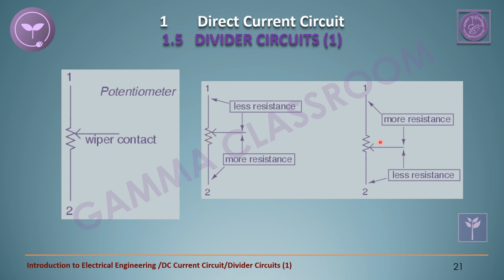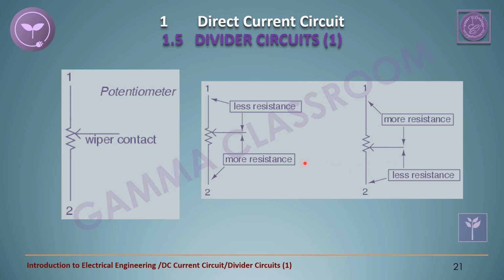Similarly, if you move the wiper contact down, the resistance between it and terminal 2 becomes smaller, and the resistance between it and terminal 1 becomes bigger. So the voltage at this point goes up, and the voltage drop between the other two points goes smaller.